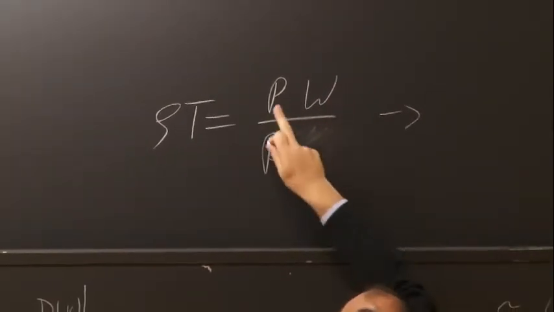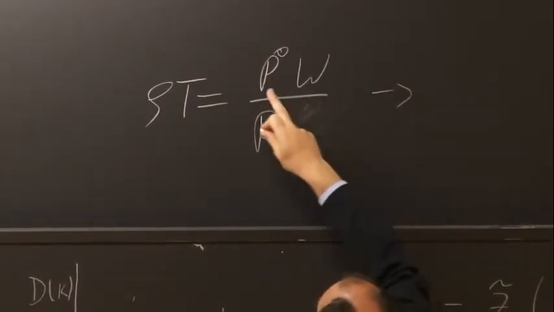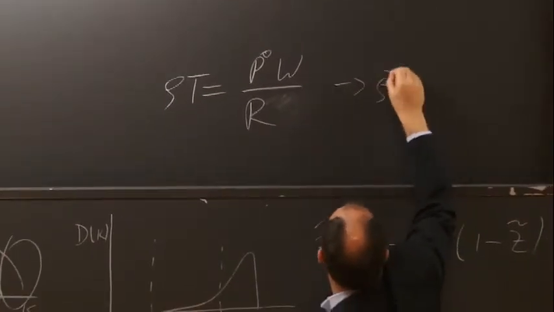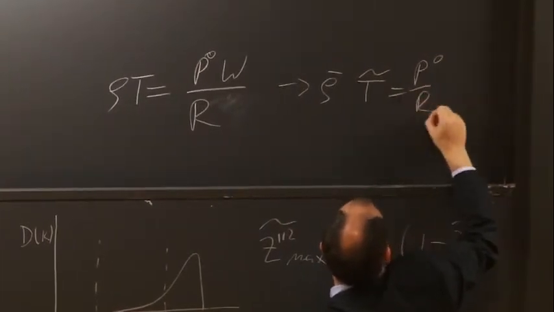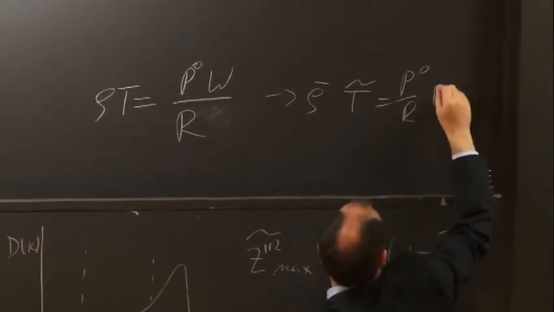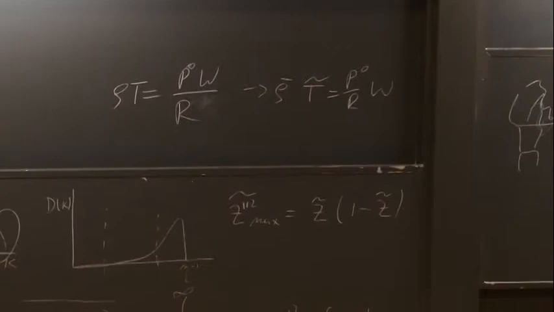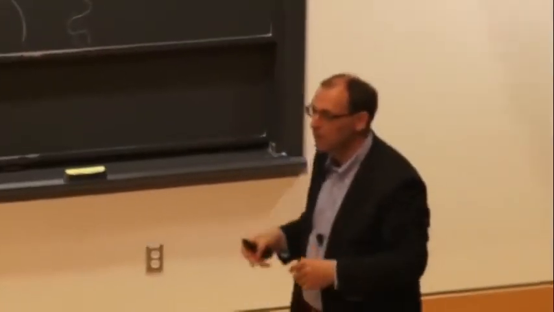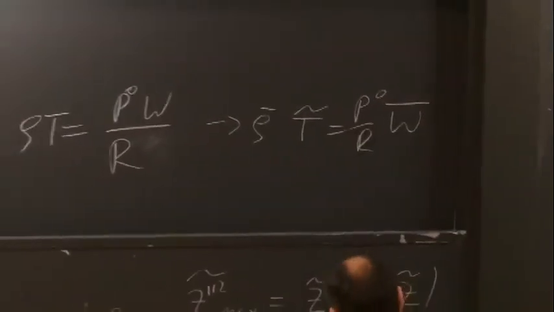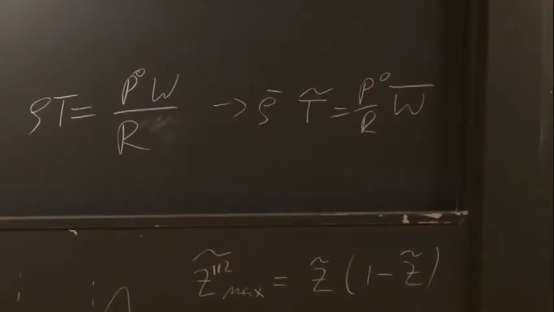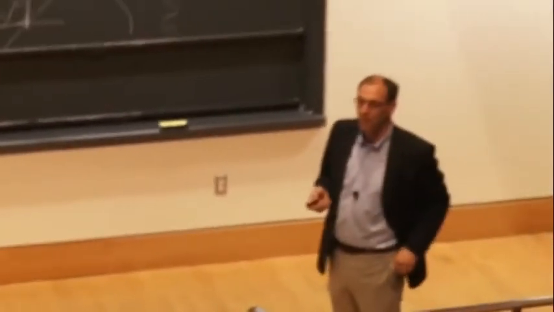You have a pressure, well, we assume this low Mach number, this would be the P0, so this would be rho bar T tilde is equal to P naught divided by R, but then here this is nonlinear in mass fraction, so you would have correlations also. You could consider these correlations, but nobody ever does because it's a very small error. That's about the same thing you do here. Okay?